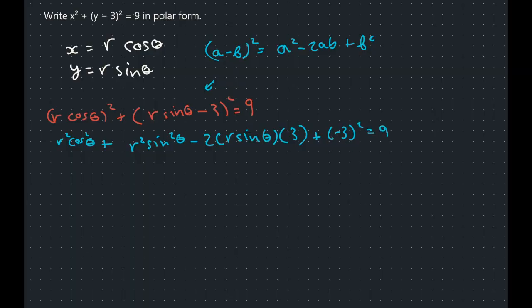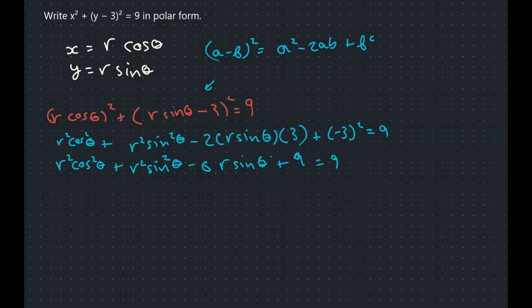Let's continue the simplification. We can rewrite it r squared cosine squared theta plus r squared sine squared theta minus 6r sine theta plus 9 is equal to 9.